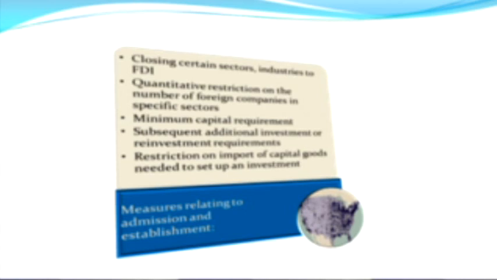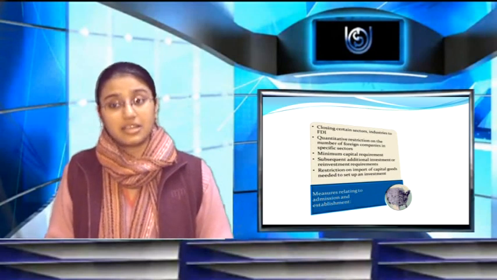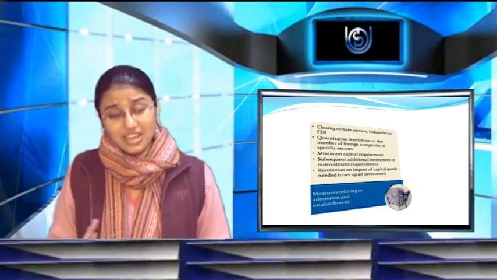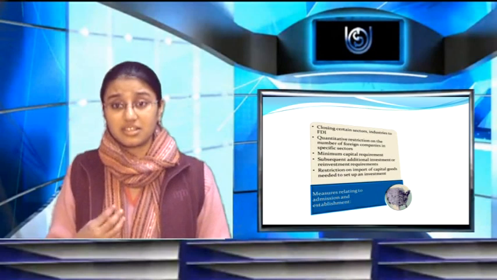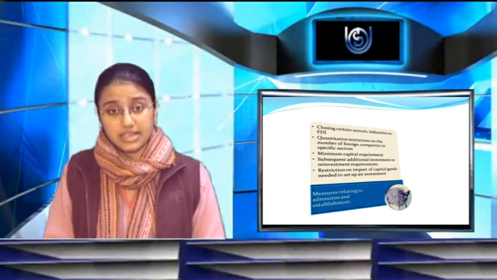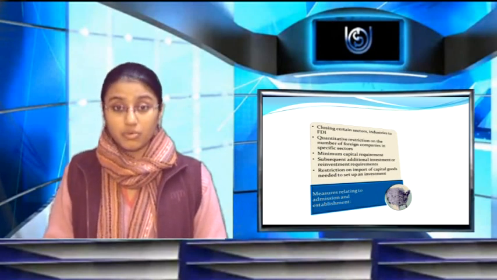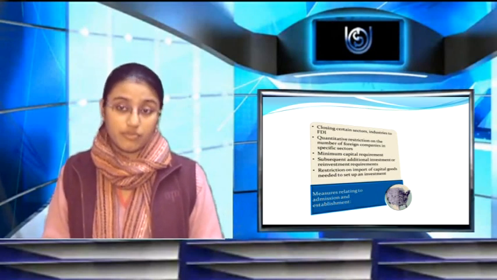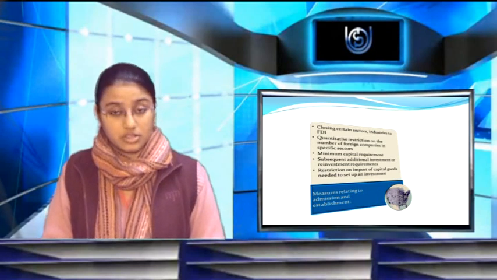Now, what are the measures related to admission and establishment? What kinds of measures are there? The very first is closing certain sectors and industries to FDI. There are certain sectors and industries which are closely related to FDI. At the same time, there are quantitative restrictions on the number of foreign companies in these specific sectors.